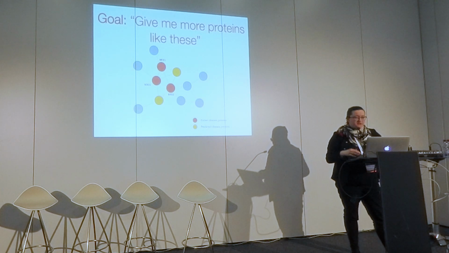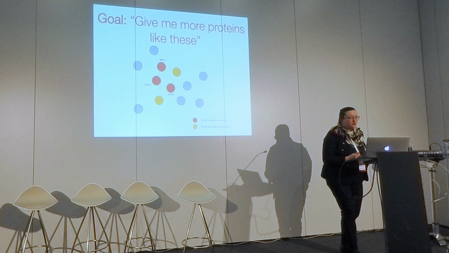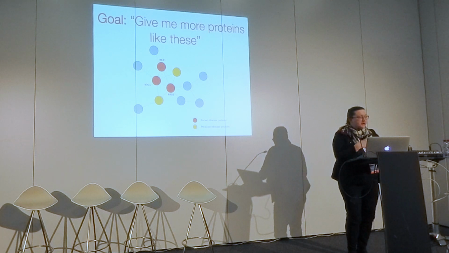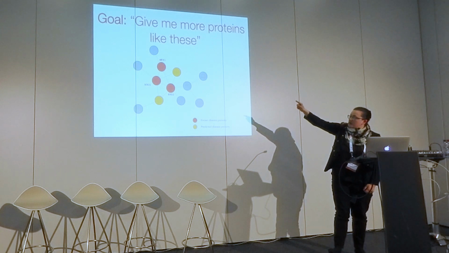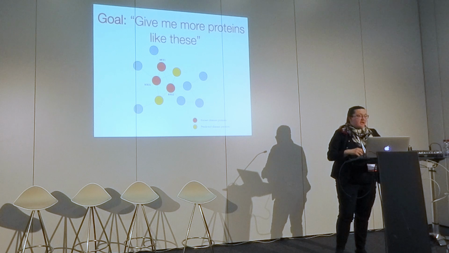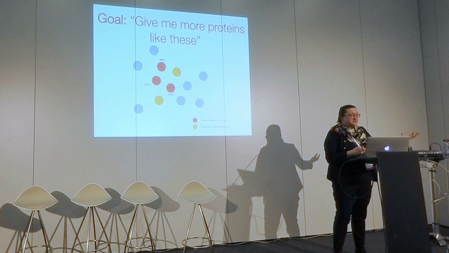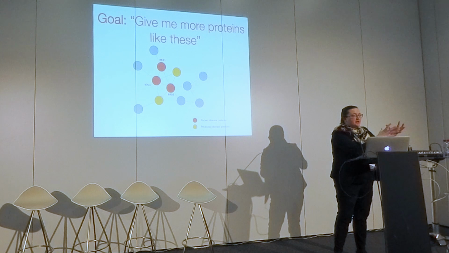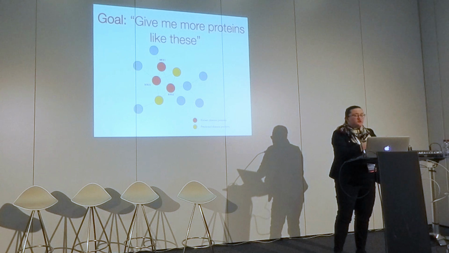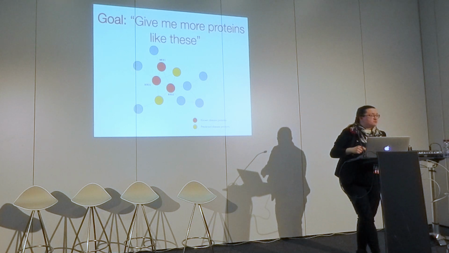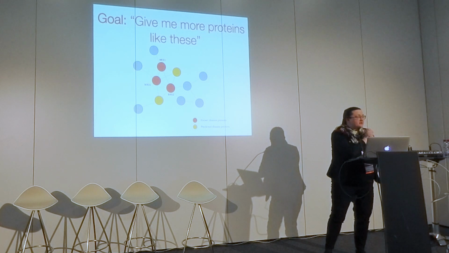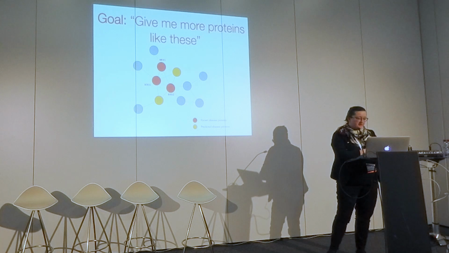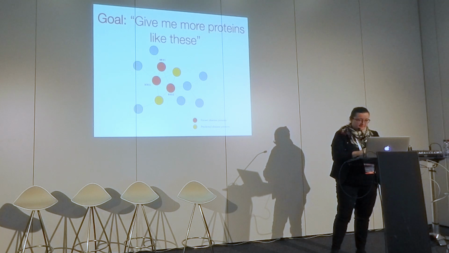Okay, so what it means now is that if our goal is to answer those questions and help biomedical researchers to find more proteins like this, to start with a known set of disease proteins, and given that we know about the disease module hypothesis that says that proteins that have the same phenotype cluster in the network, then it's obvious what we want to do. We want to look locally around known disease proteins and say that those proteins that are very close, that are immediate neighbors of known proteins, are likely to be candidate predicted disease proteins.